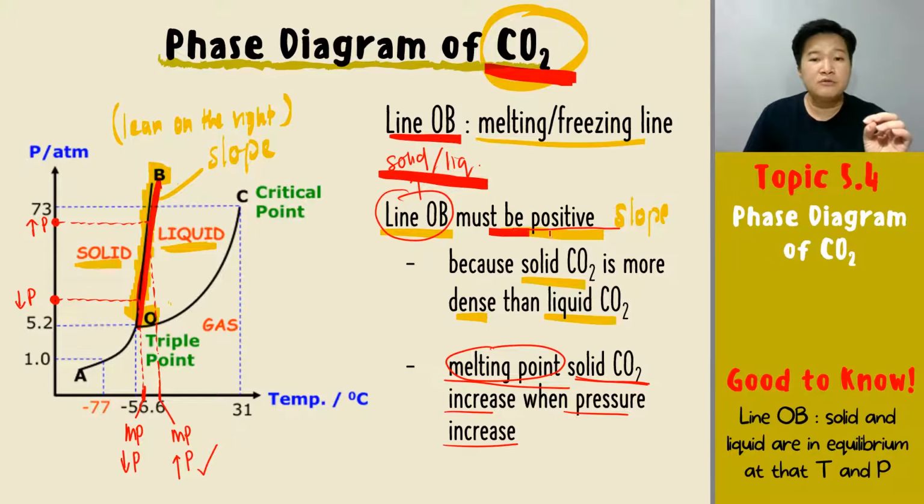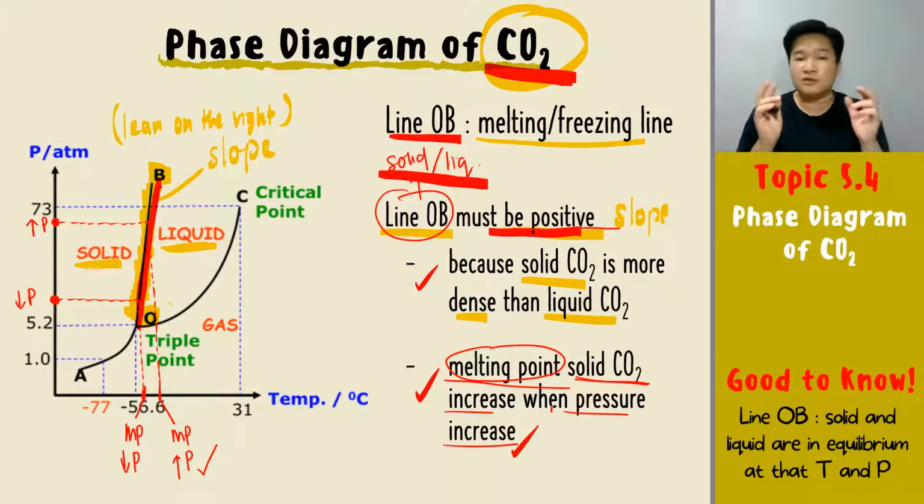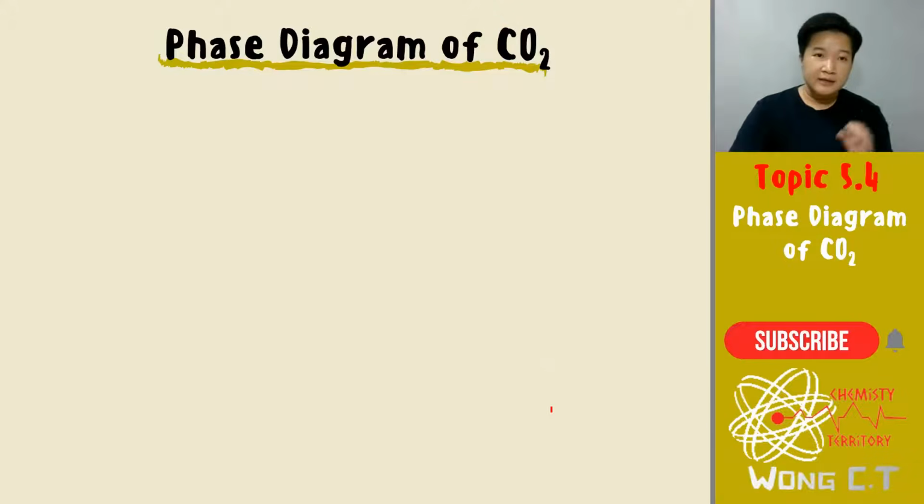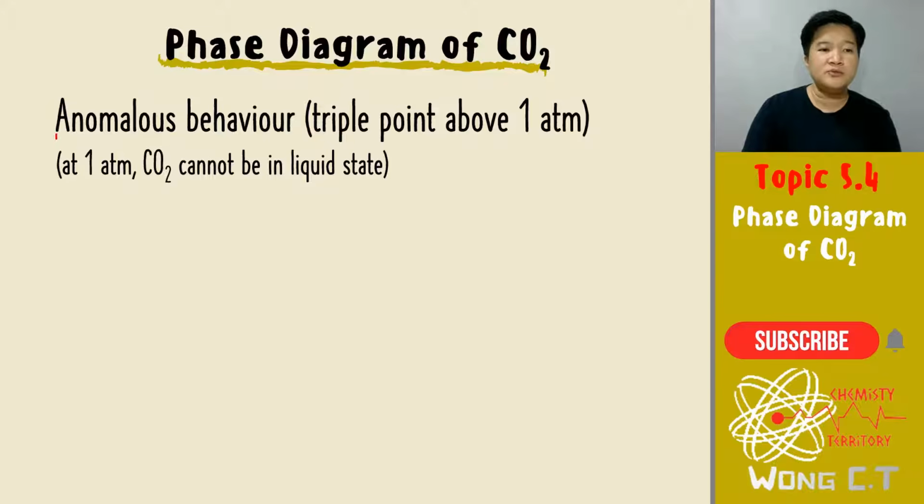And from the positive slope, we know that the solid CO2 is more dense than the liquid CO2, and the melting point of solid CO2 will increase when the pressure increases. Those are the two pieces of information that you will have from the line OB when it is positive. Okay? Remember this.